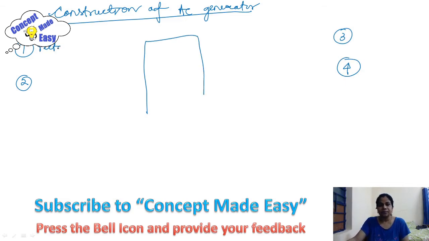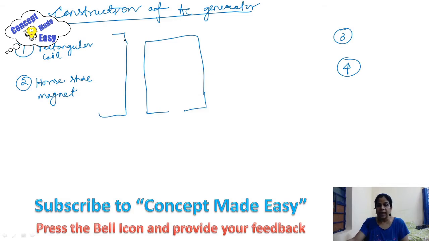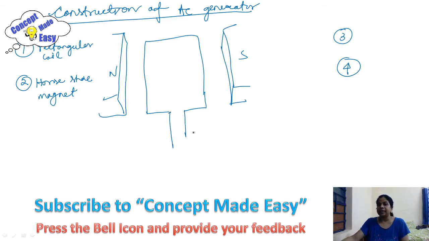Second, a horseshoe magnet. This is the most important part of motor and generator. This is the North Pole, this is the South Pole. So this is the horseshoe magnet, this is the rectangular coil, and these are the two ends of this rectangular coil.